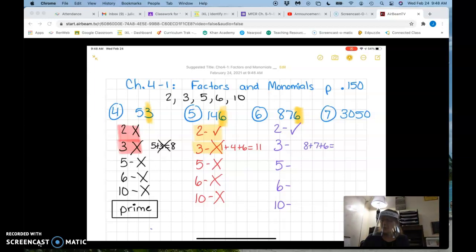So 8 plus 7 is 15, and 15 plus 6 is 21. Is 21 divisible by 3? Yes. So 3 works. Does it end in a 0 or a 5? Nope. Is it divisible by 2 and 3? Yes. Look, we have a check by 2 and 3 this time. So that means it's divisible by 6.